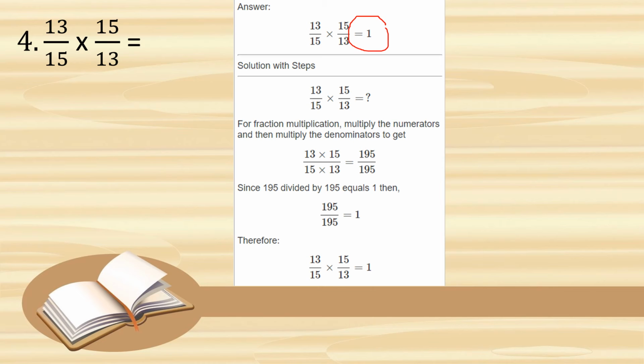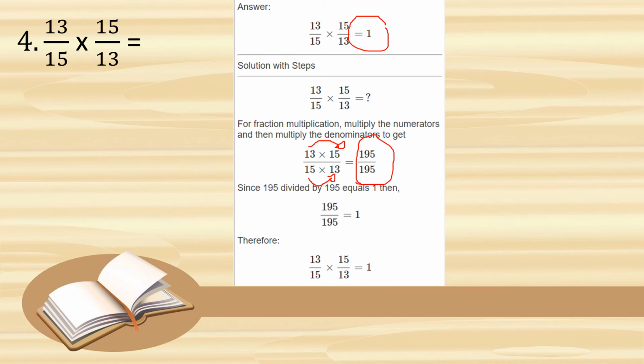How did we solve this one? Okay, again, multiply both numerator and denominator. 13 times 15 is equal to 195. 15 times 13 is equal to 195. Okay, as you can see, both numerator and denominator got the same number.